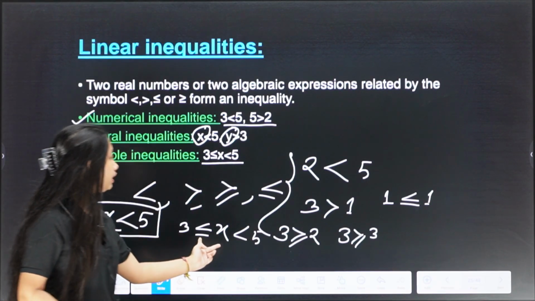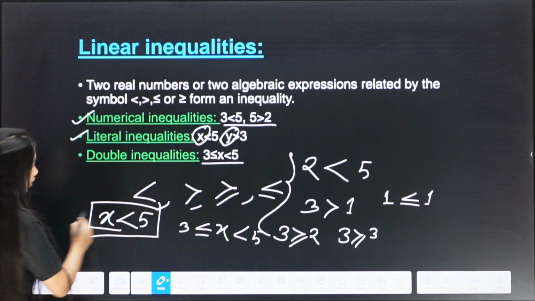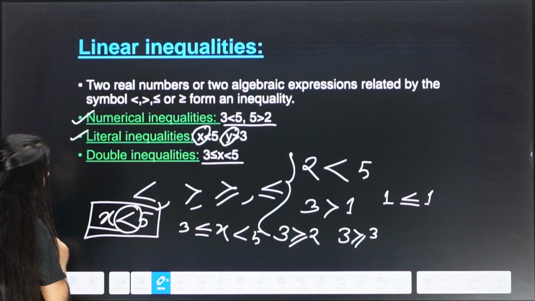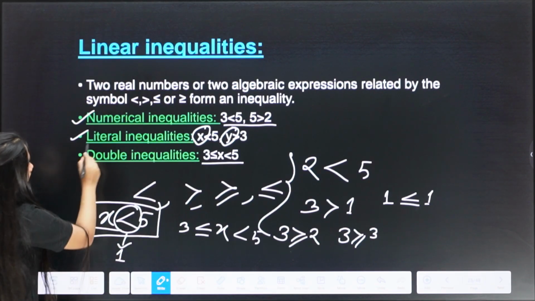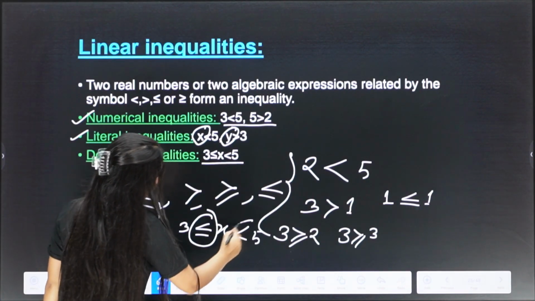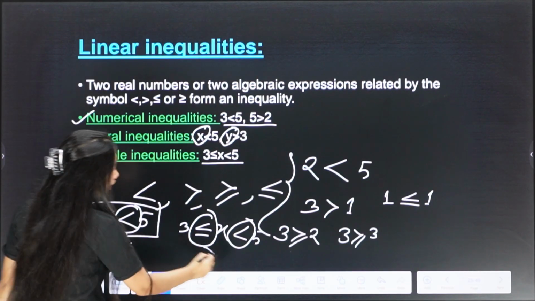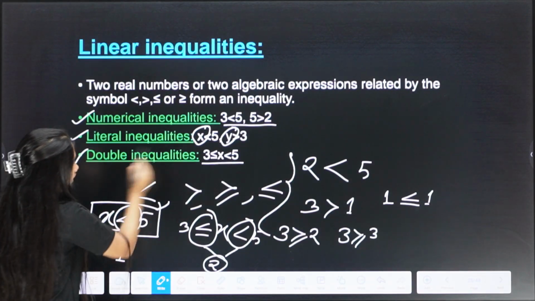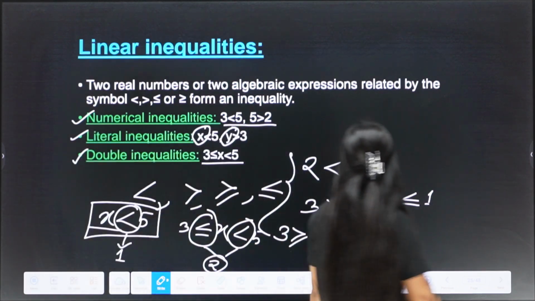Here we have two inequality symbols, less than or equal to, and less than. So here we have two inequality symbols. So these are called double inequalities. So this is an example of double inequalities. Got it?